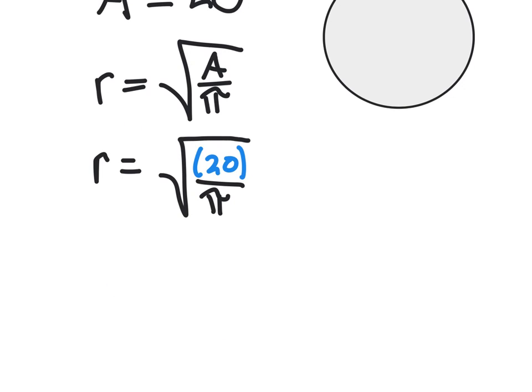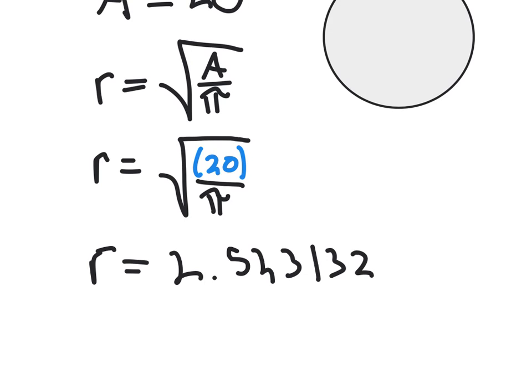So we see that if we put our square root of 20 over pi in the calculator, making sure that both the 20 and the pi are inside the square root, that we get r equals 2.523132, and so on.